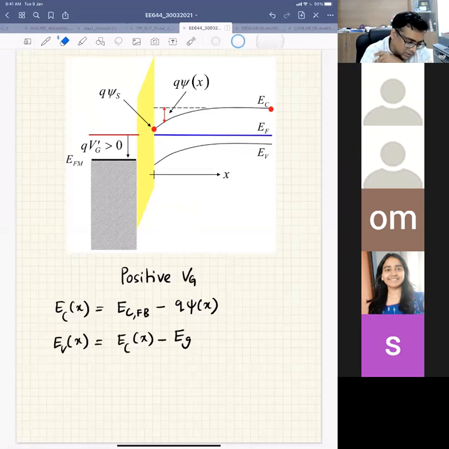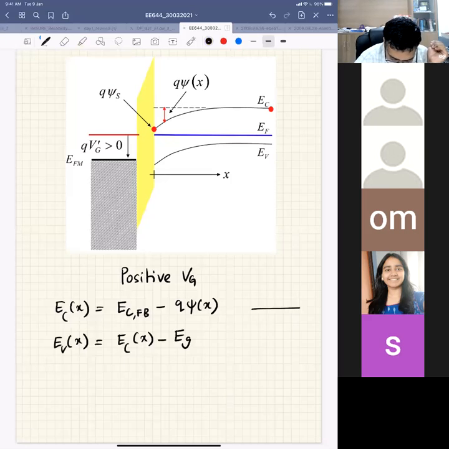As I told you, your psi x is positive. When you apply a positive voltage, your potential is positive. Why is it positive? If this is my gate where I'm applying the gate voltage, this is my oxide, and then I have my depletion charges here, and the body is grounded.